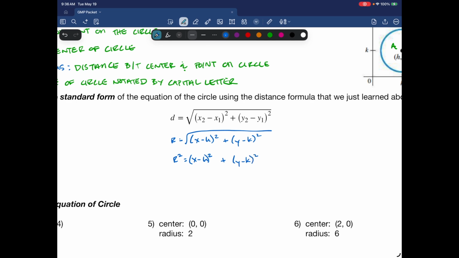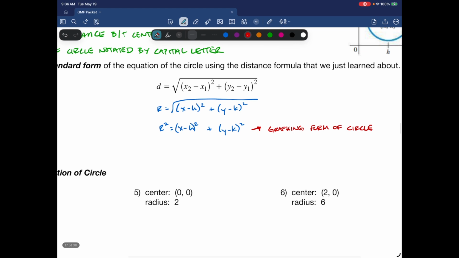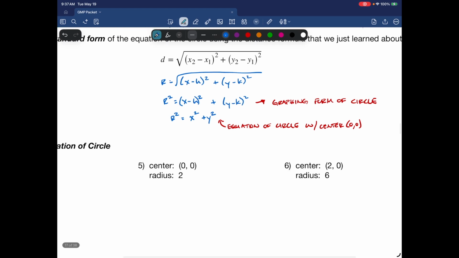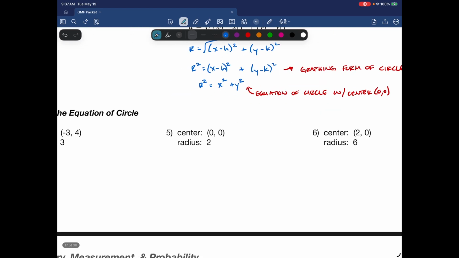That's the graphing form of a circle. If the center of the circle is at 0, 0, then h and k would be 0, and your basic form is r squared equals x squared plus y squared. So this is your equation of a circle centered at the origin.